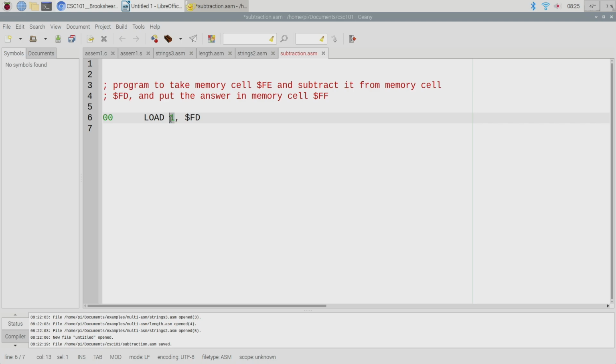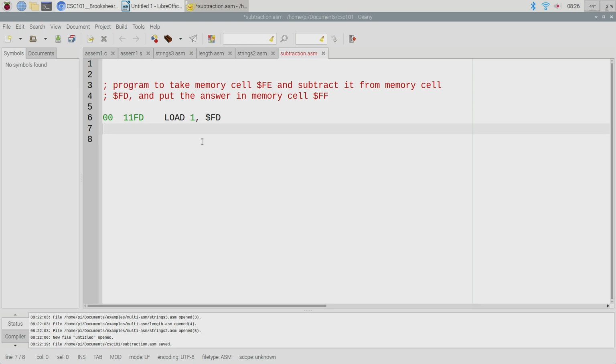Now, the reason that the 1 is here is what register do I want to put this data into? I could put it anywhere, but I'm choosing to put it in register 1. Okay. So the opcode here would be 1, or is the operation. Okay. Move memory to register. Which register am I putting it into? 1. Which memory cell did it come out of? FD.